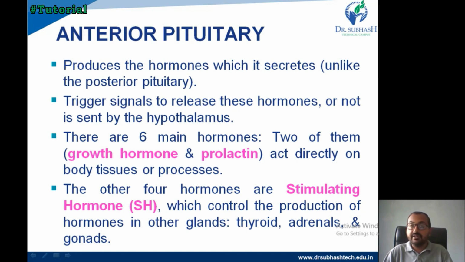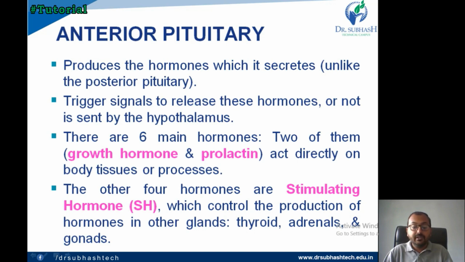See here, in the anterior pituitary gland, there are basically 3 types of cells present. 1. Acidophilic cells, 2. Basophilic cells, and 3. Chromophobe cells. As the name suggests, acidophilic cells are stained with acidic dyes and secrete growth hormone or somatotropin and prolactin.